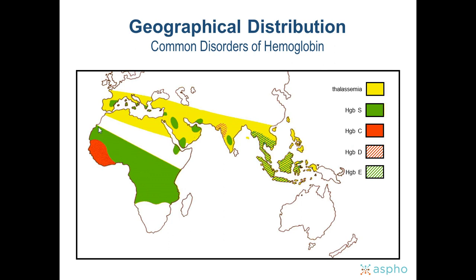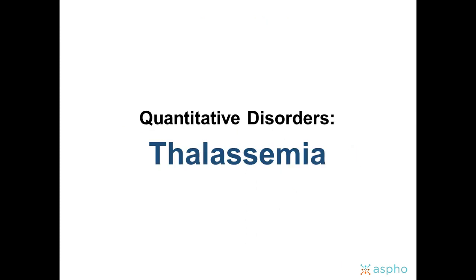Hemoglobin S and C are most common in sub-Saharan Africa, but can also occur in pockets in the Mediterranean, the Middle East, and India. Hemoglobin D originated in the Indian subcontinent, and hemoglobin E is especially common in Southeast Asia. We'll talk about all of these, but it's important to know their ancestral origins, evolutionarily at least.